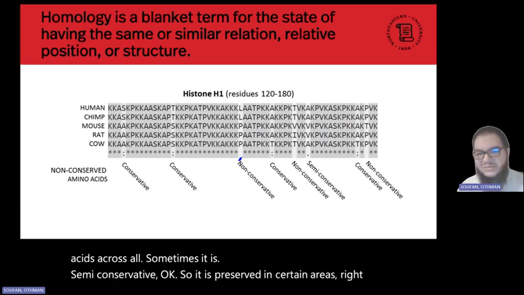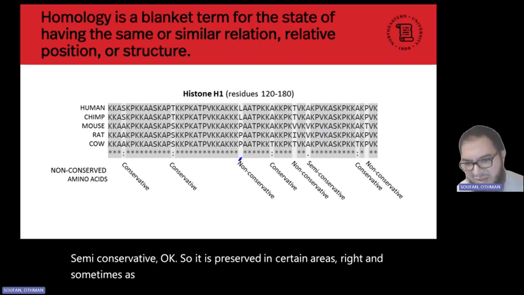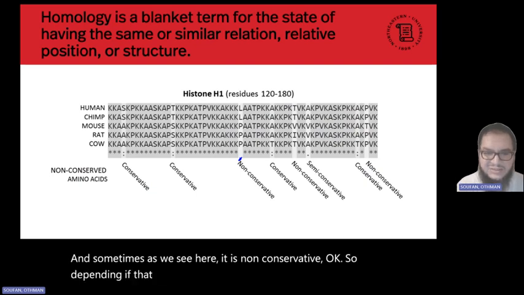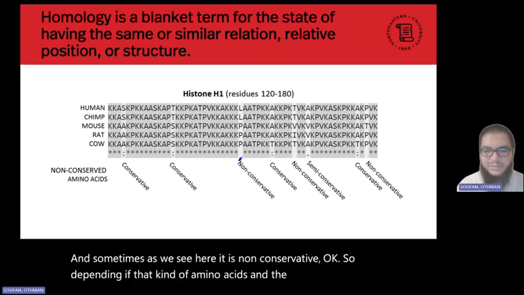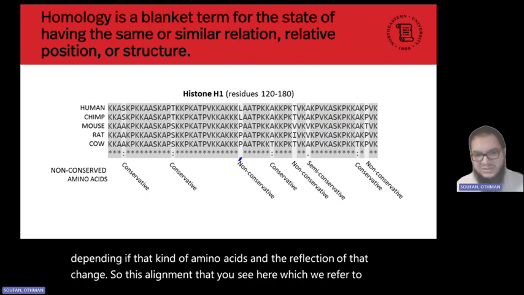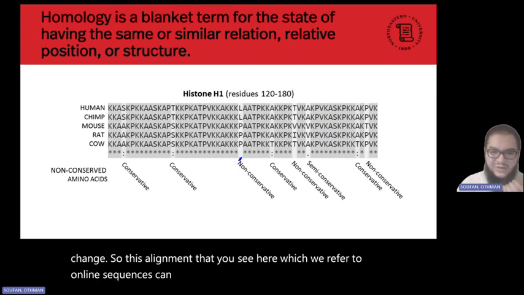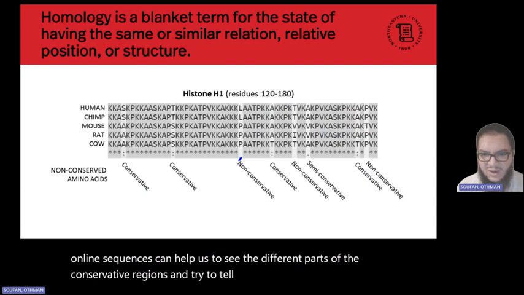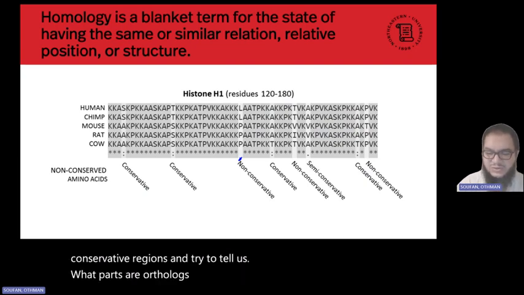And sometimes, as we see here, it is non-conservative, depending on the kind of amino acids and the reflection of that change. So this alignment that you see here, which we refer to as aligned sequences, can help us see the different parts of the conserved regions and tell us what parts are orthologs of those genes, and so on and so forth.